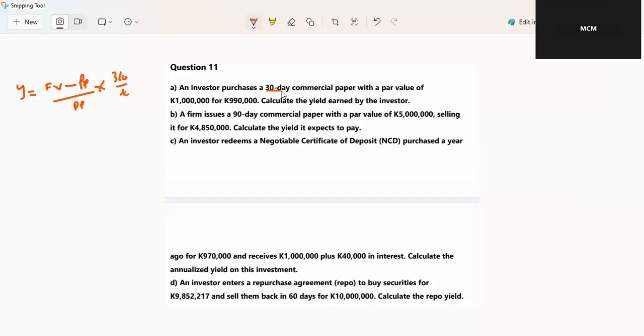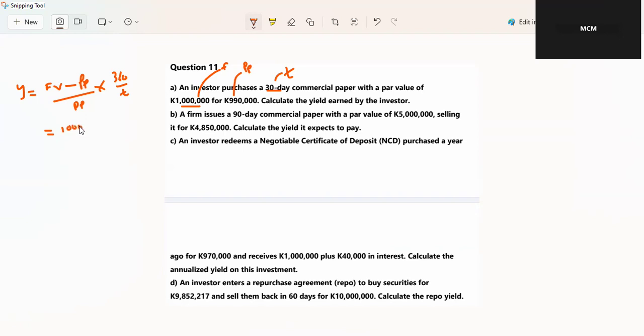So here our time is 30 days and our face value or par value is 1,000, and our selling price is 990. And so we calculate, I'll just scrap off the zeros.